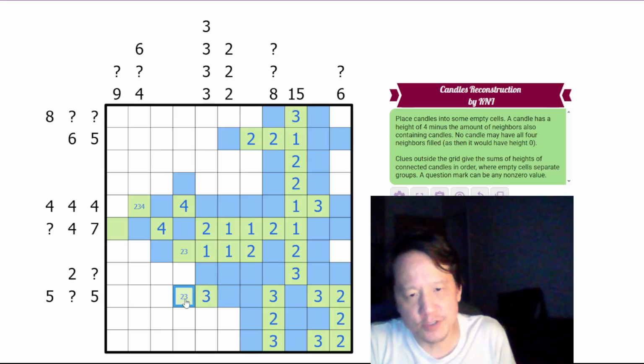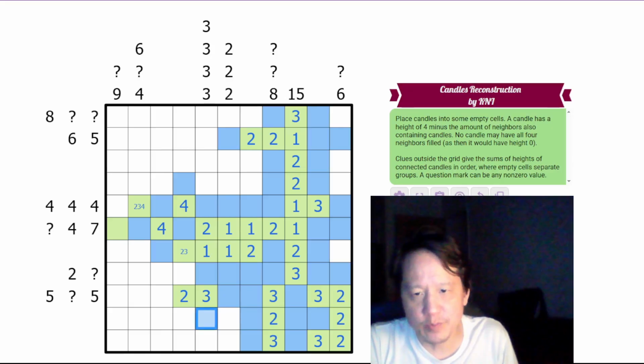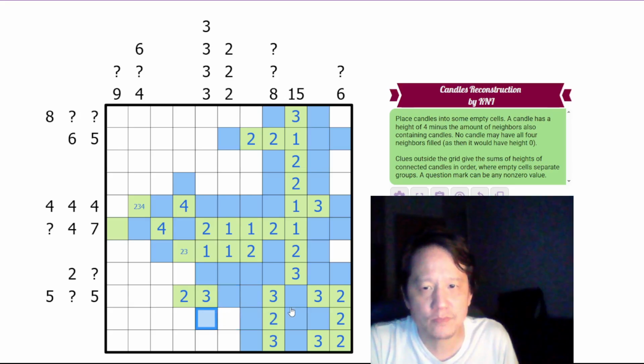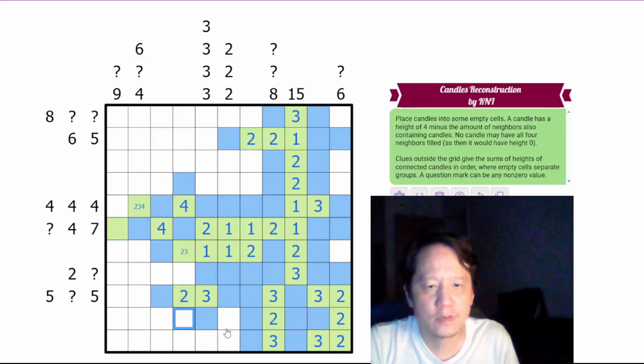Say this was 3 and that's 2. So this would be 3 neighbors without candles. This would be blue. So one of these would be green, which is possible. Yeah, that works.